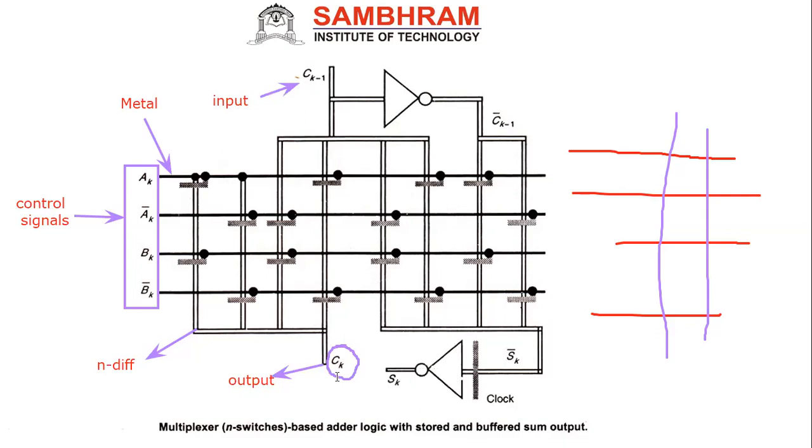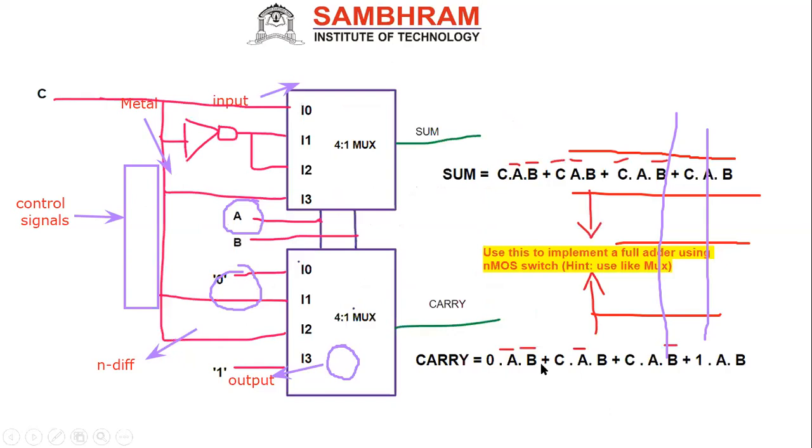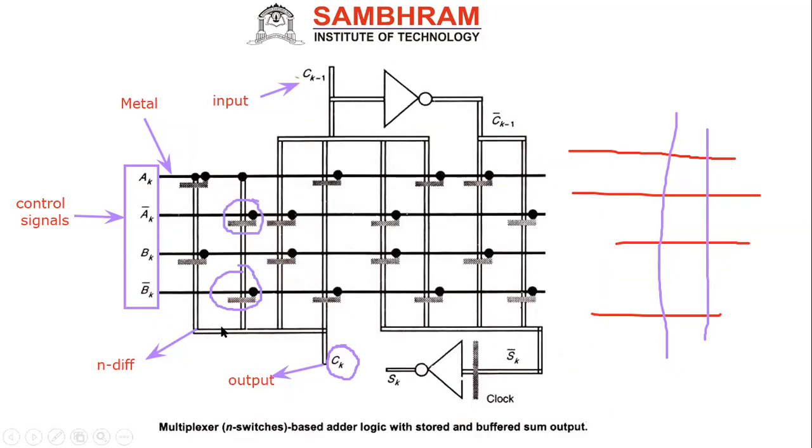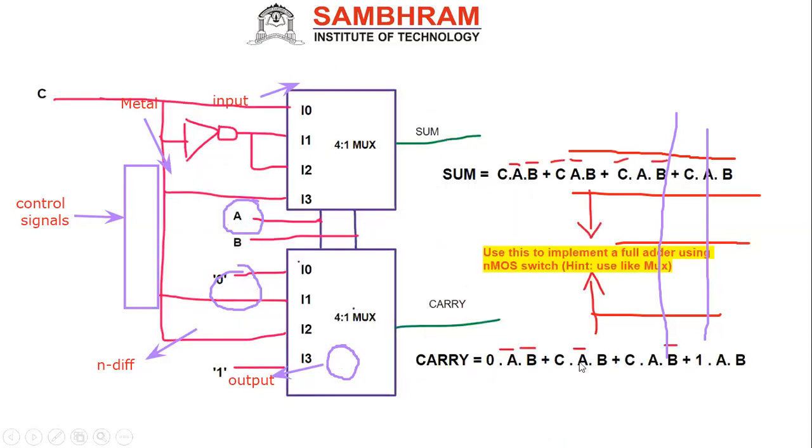Now we'll see. First, CK is equal to A bar, B bar. That is AK bar and BK bar in series connection. Is anything else connected over here? Nothing else. Next is A bar B, that is plus, a parallel connection. As you know, the parallel connection indicates plus.